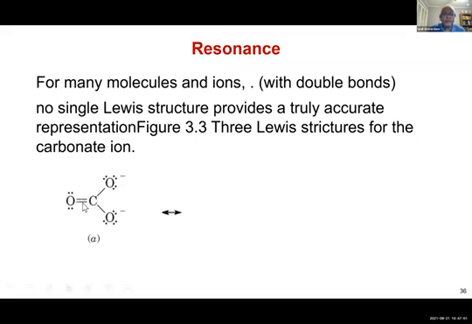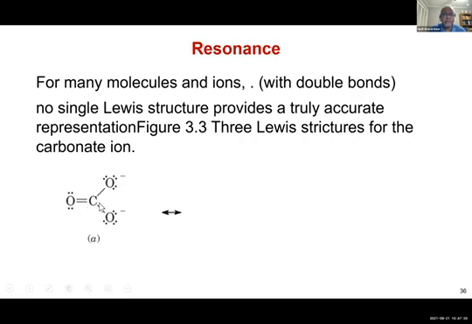A double bond is between the carbon atom and one of the oxygen atoms in this structure. But how do you know whether we can put that double bond here or here or here? There are 3 choices.